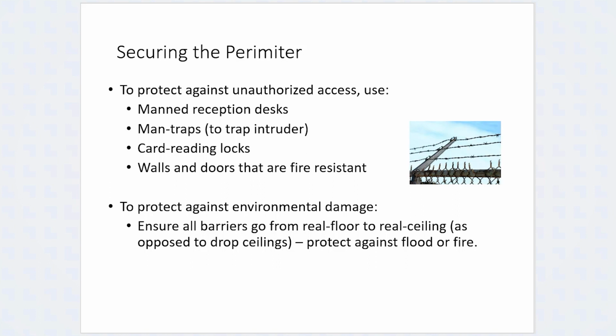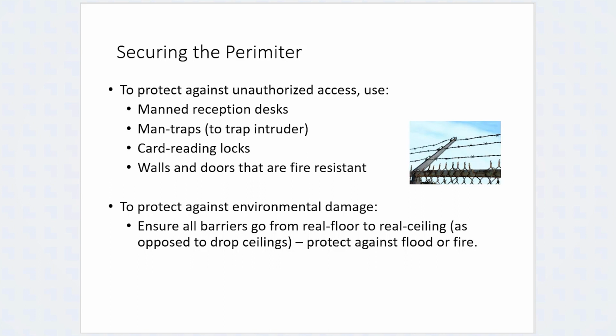If you imagine a large private company that has expensive equipment, you're going to want a perimeter, usually having a reception desk, a sort of man trap to trap intruders. So there's a gateway that allows somebody to lock from both sides in order to make sure that the person who is unauthorized is prevented from leaving, for example, until you call the police.